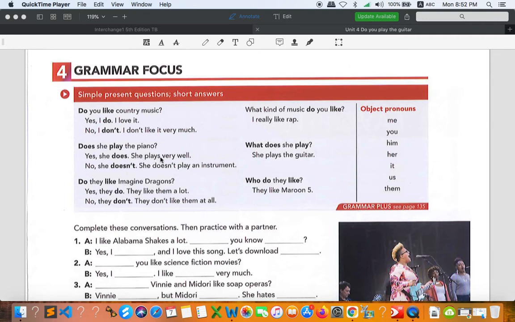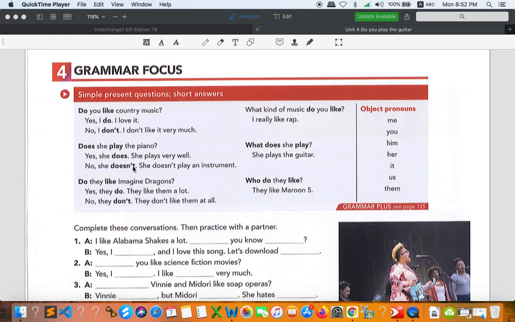All right. But if the subject is I, we, you, or they, like here, we don't add anything. Okay, just like the next example. Do they like Imagine Dragons? So yes or no, doesn't matter. But look at the way they answer. They like or they don't like. You see that? So we don't add s for this question, just because the subject is plural, third person plural, so we have to use do, and then we don't add s or es to this verb.